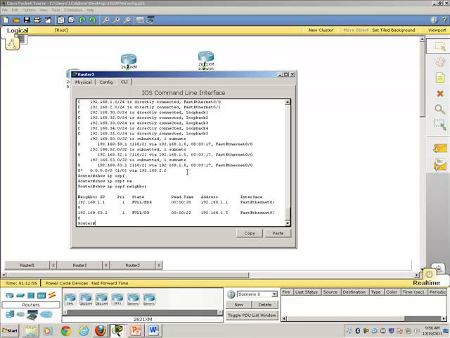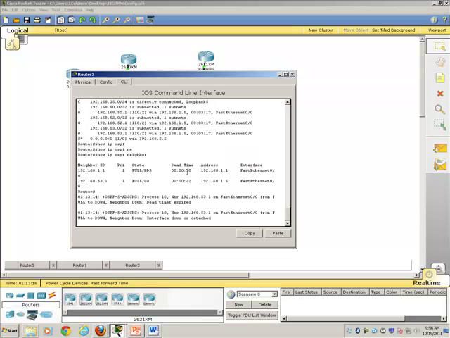This one, BDR, now says that 192.168.53.1 is the DR, 1.1 is the BDR. So for the DR, it's using the highest IP address, and that's why the router ID, if I change the other stuff, the router ID will change those things. OSPF has lots of flexibility.